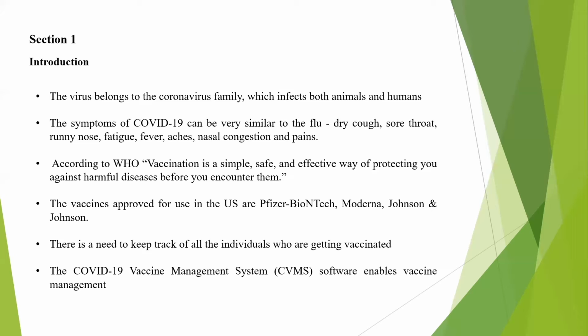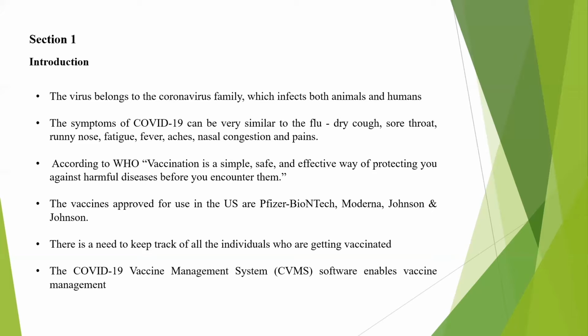COVID-19 is an epidemic outbreak with nearly 550,000 cases and 25,000 deaths worldwide. The virus belongs to the coronavirus family, which infects both animals and humans. The symptoms of COVID-19 can be very similar to the flu: dry cough, sore throat, a runny nose, fatigue, fever, aches, nasal congestion, and pains.